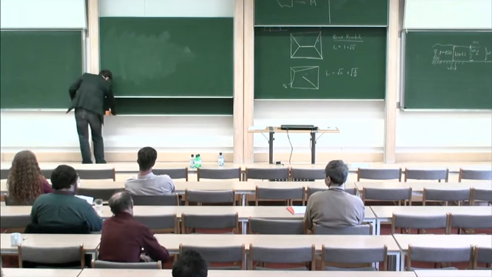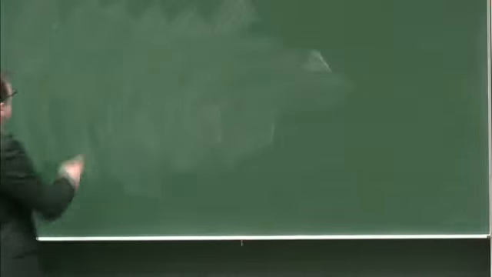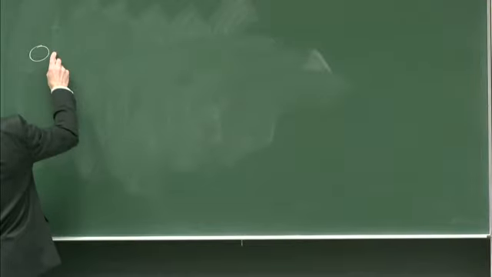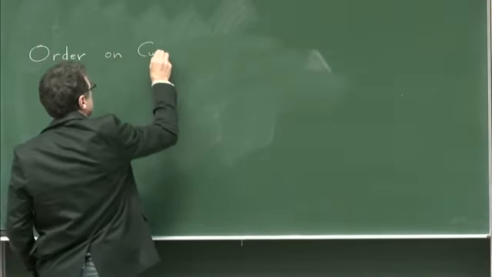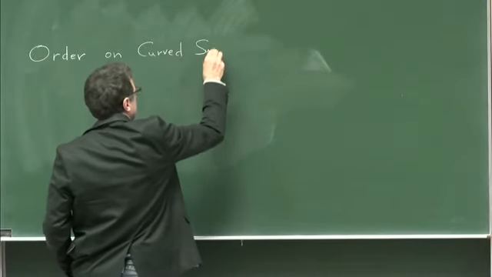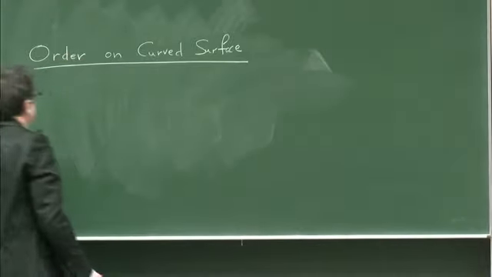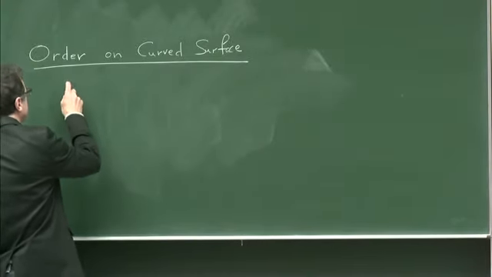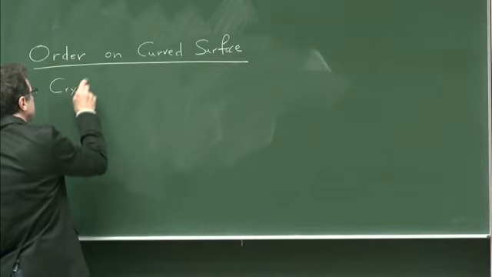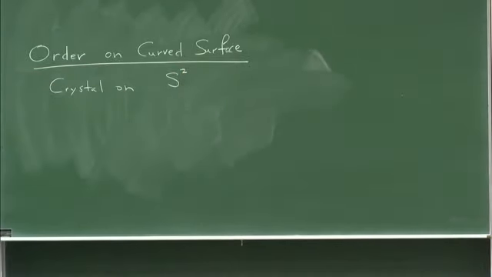The kind of problems, at least that I know something about, where this kind of thing happens are in, so if you have order on a curved surface. So in this case, for example, you could look at a crystal on a two-dimensional sphere, so the surface of a ball.